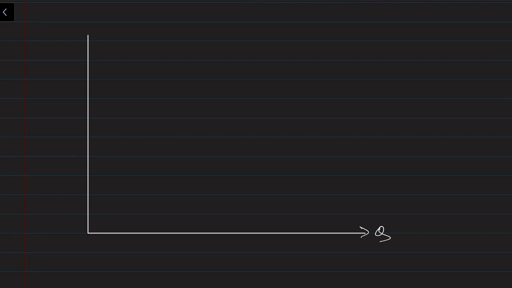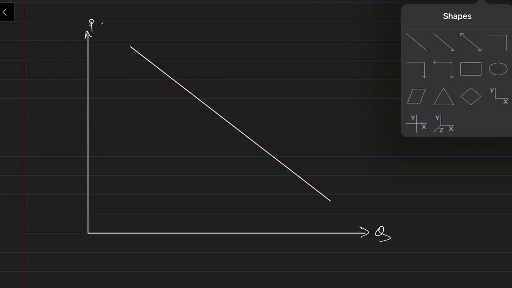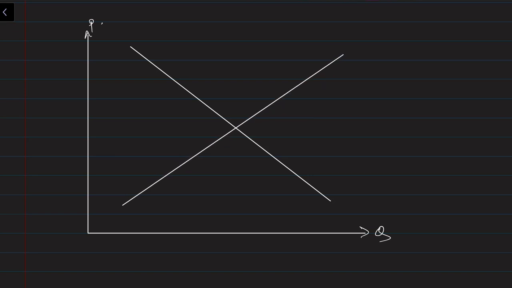So let me draw the graph now. This is quantity, this is price, this is our demand curve, this is our supply curve. Okay, now if you remember from the previous videos, what is the consumer surplus?